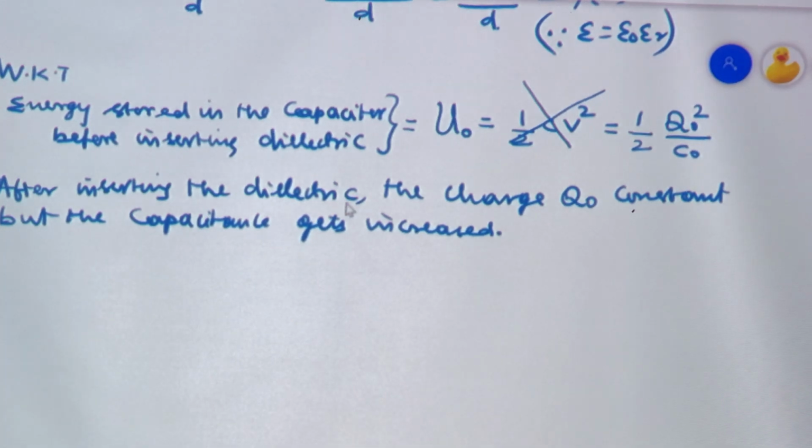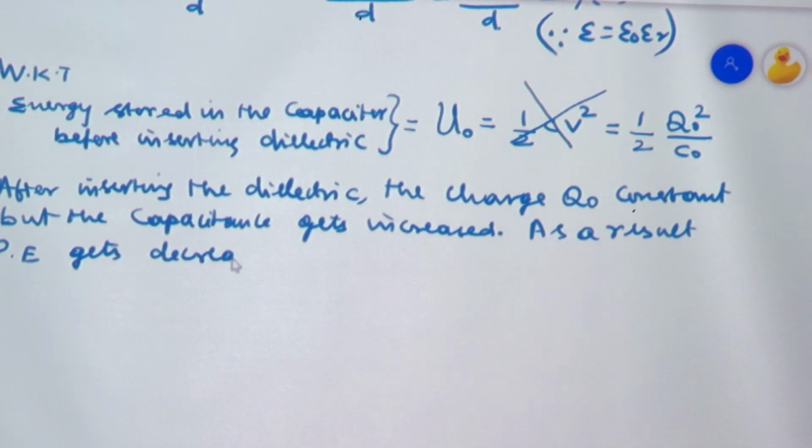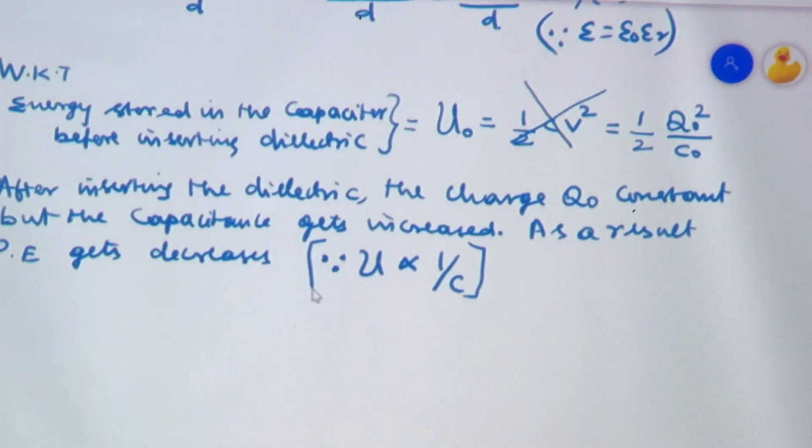After inserting the dielectric, the charge Q0 is constant, but the capacitance gets increased. As a result, potential energy gets decreased, since potential energy is inversely proportional to the capacitance.